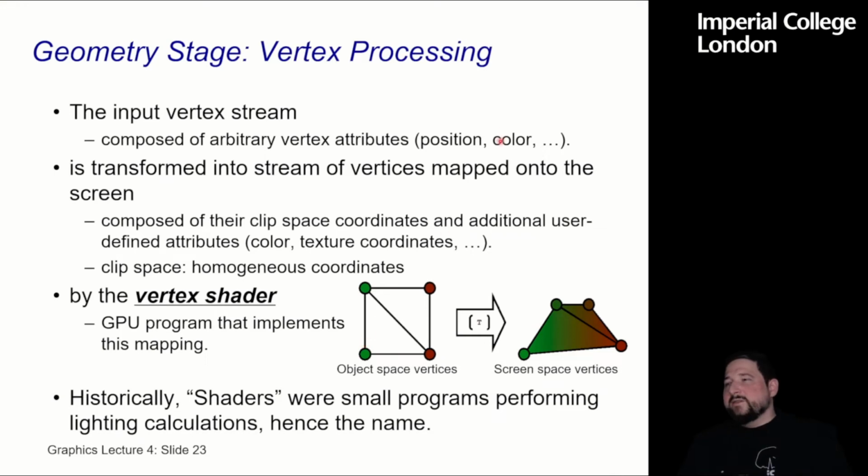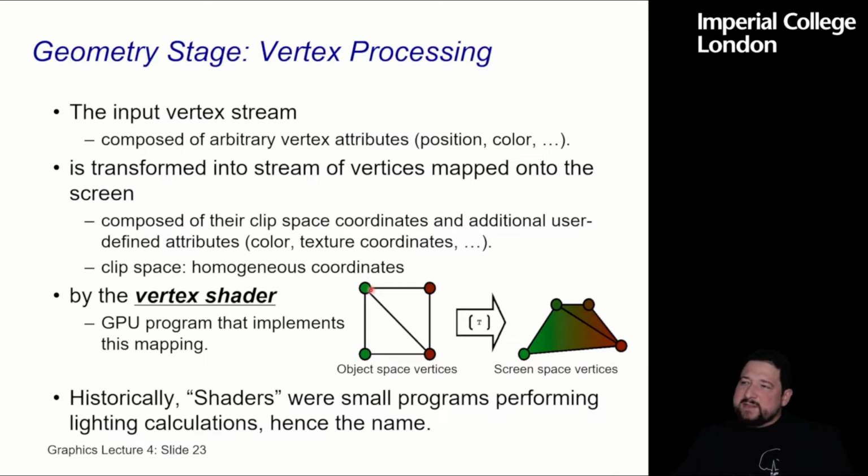Okay, the vertex processing is really just arbitrary vertex attributes, and the pipeline is really rigid at this point, but this is used usually to our advantage. So what you put in are vertices with certain payload parameters, in this case position and color.